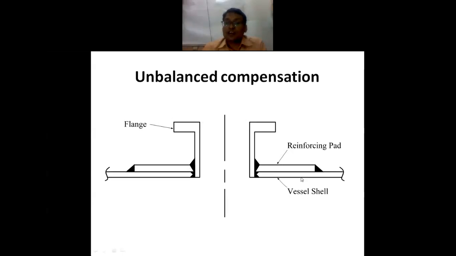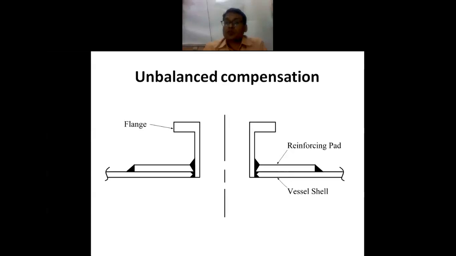Again, in this figure, this is the additional plate, the reinforcing pad, or the additional material that is provided on the outside of the vessel shell. Outside of the vessel shell, so it becomes an unbalanced compensation.